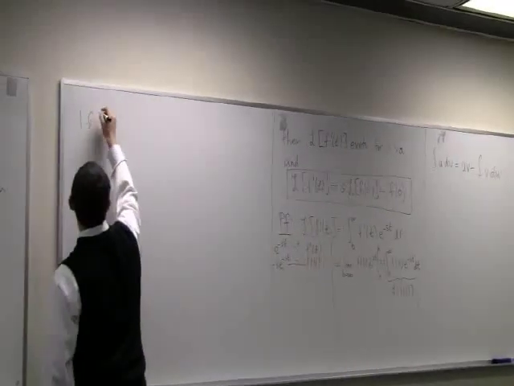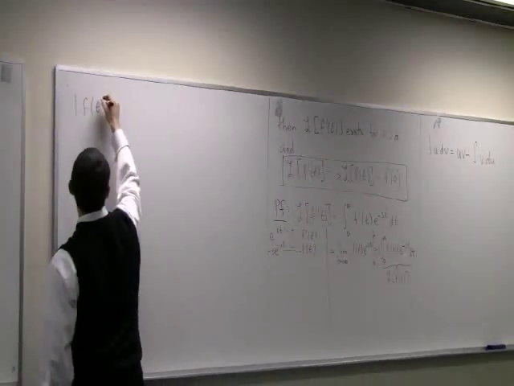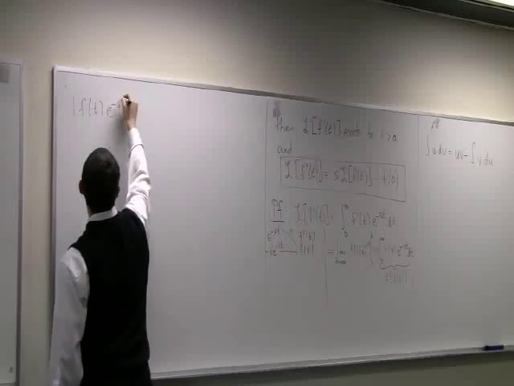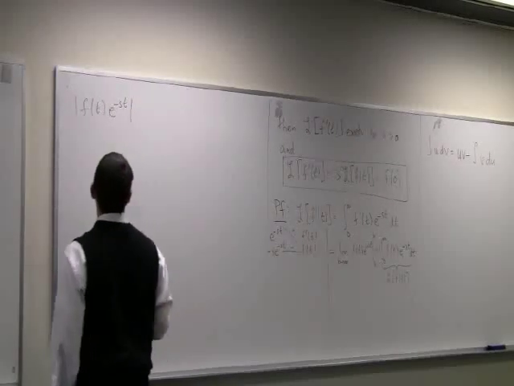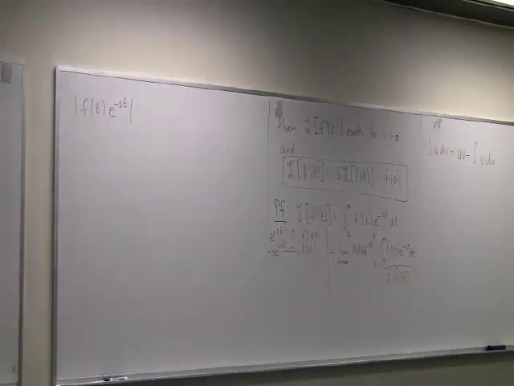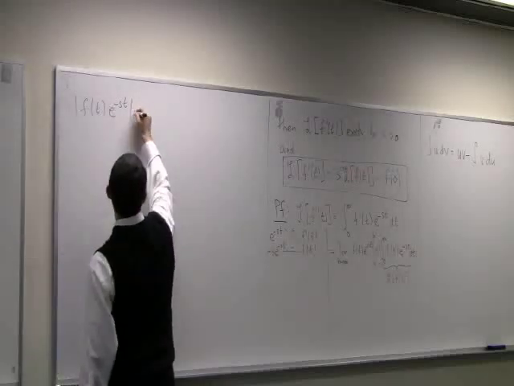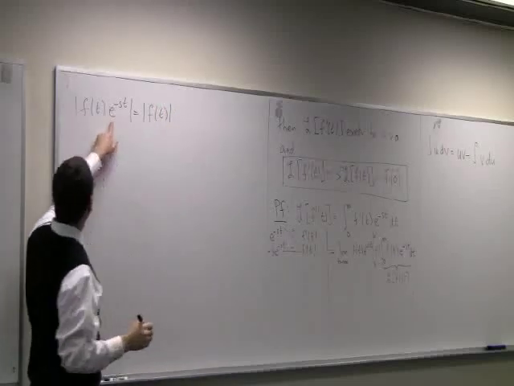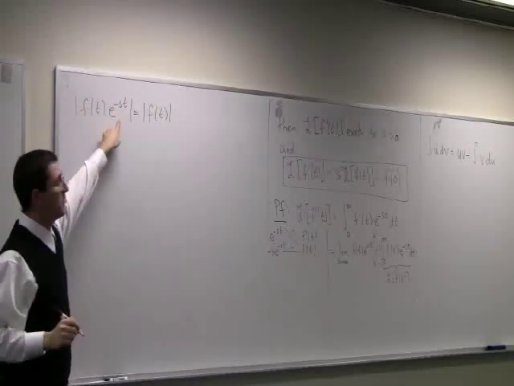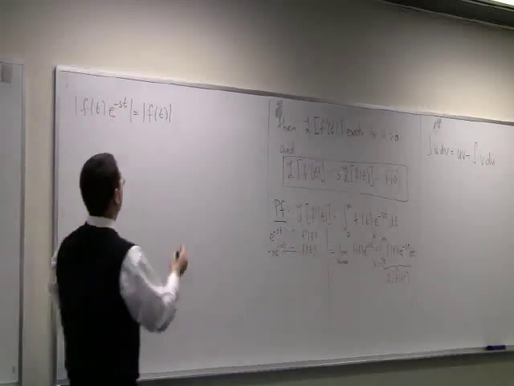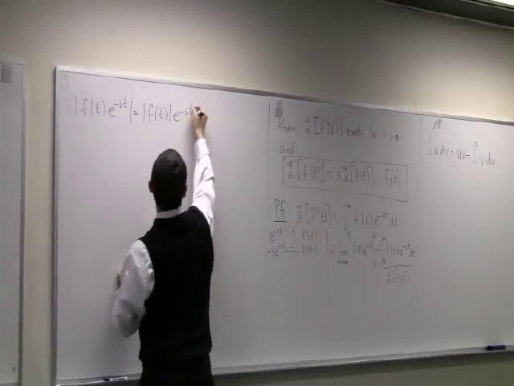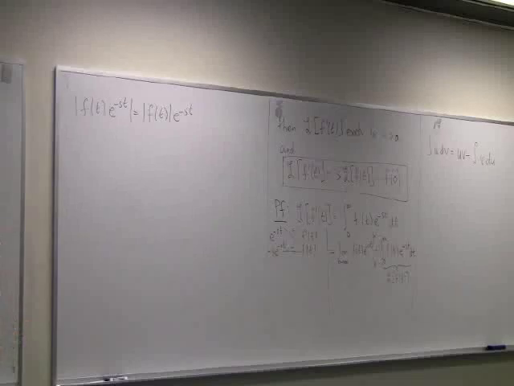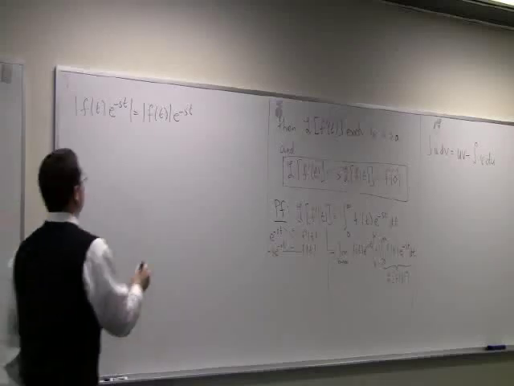Let's look at f of t e to the minus st. Let's look at the size of that thing. We know that this is equal to, well, you can break this up, and when you break it up, you get the absolute value of both. And since the second term is always positive, you can drop the absolute values. And we know that f of t is bounded by k e to the at.